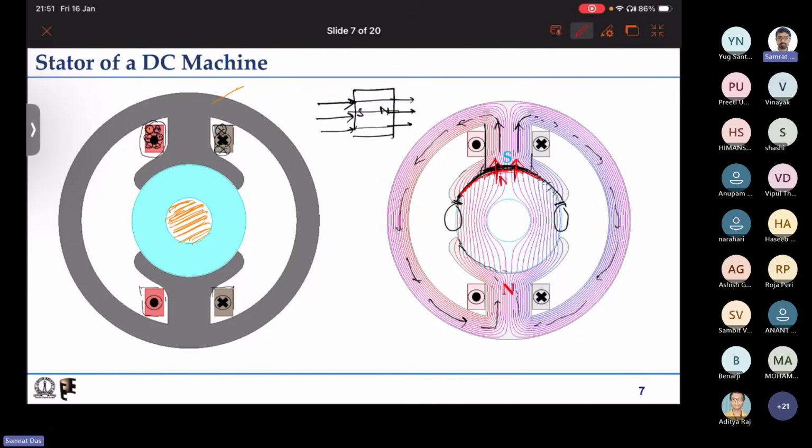So here we have a north pole on this upper surface, and in this surface we have a south pole. If we have a north pole and south pole facing together, what is expected to happen? They will attract each other. So in this condition, the rotor will be attracted by the stator, but will it rotate?